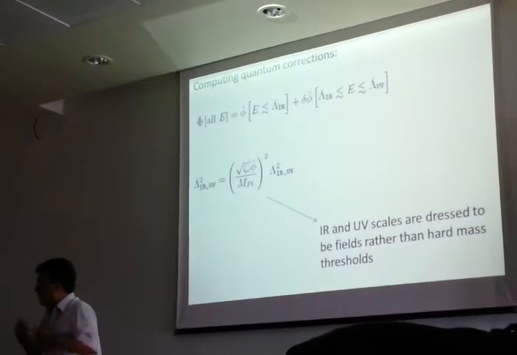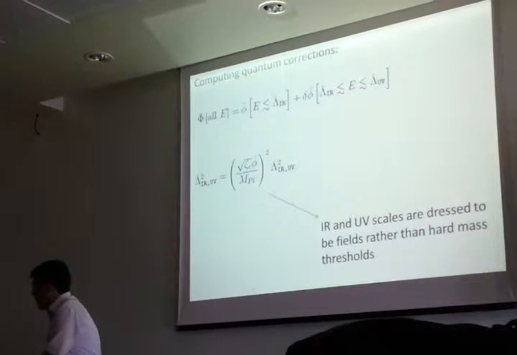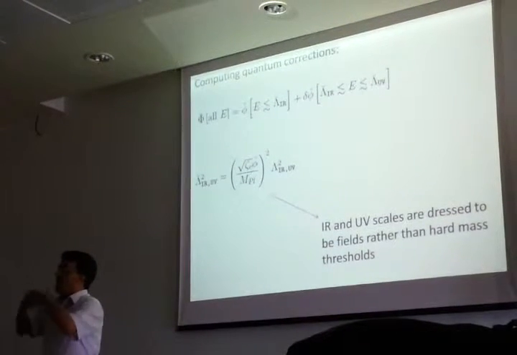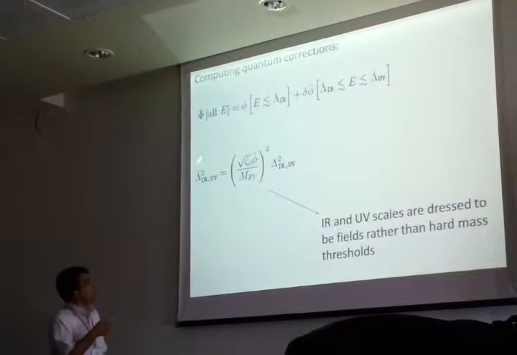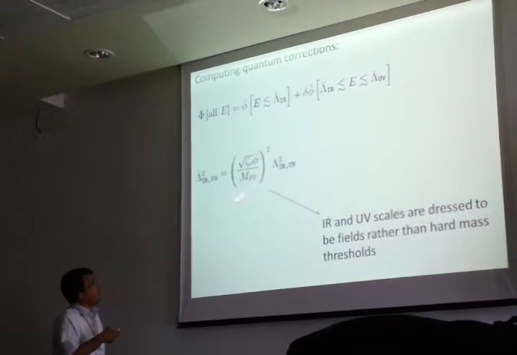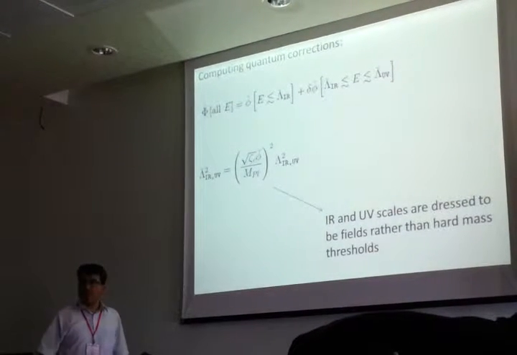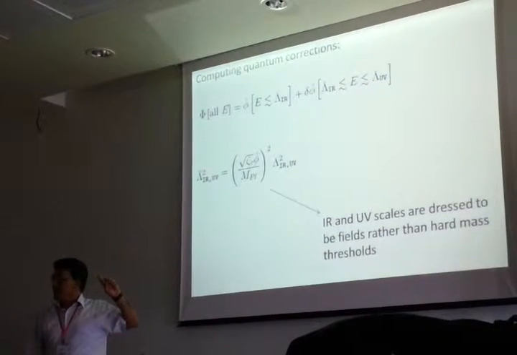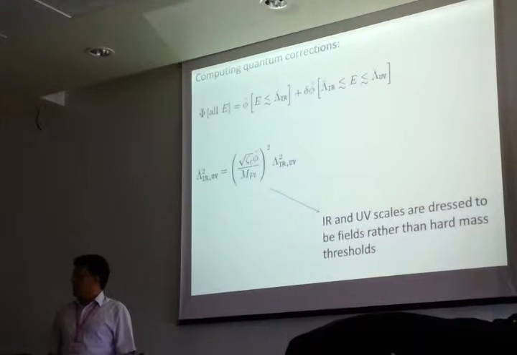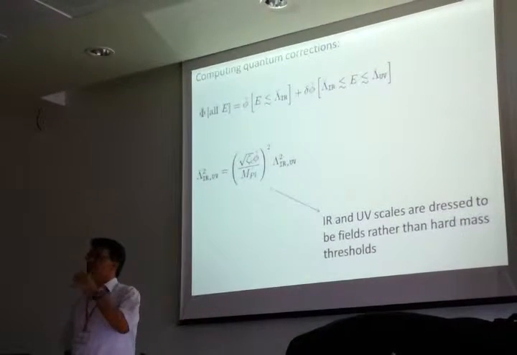All fixed scales are transformed because fixed scale means P mu squared equaling n squared, and momenta are now modified because the metric tensor is modified. Therefore, you have new scales, lambda IR tilde squared and lambda UV tilde squared. It's given in terms of these. Did you see? They involve more fields than the field itself. This is a must actually. You cannot escape from it.